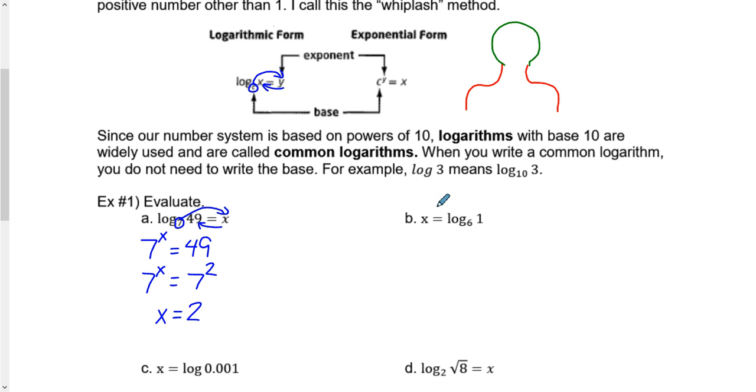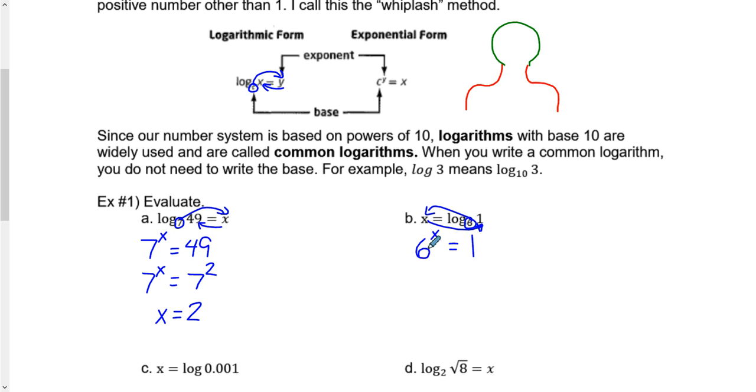So even if we got to an equation like this, x equals log base 6 of 1, we start at our base, we go over to the other side. So 6 to the power of x equals 1.